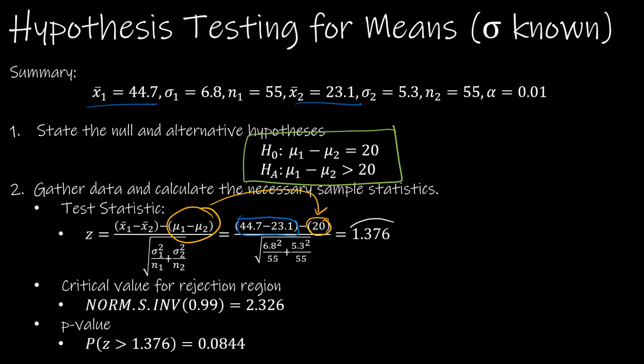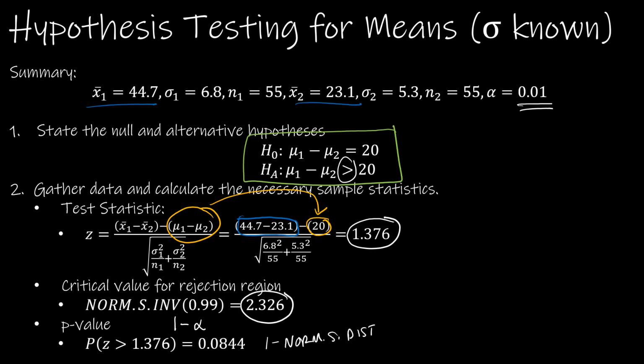So again, I find a z-score. I find my critical value. This time I used 1 minus alpha because it was right-tailed. And then p-value, again, is 1 minus norm s dist, and that gave me a p-value of 0.0844.